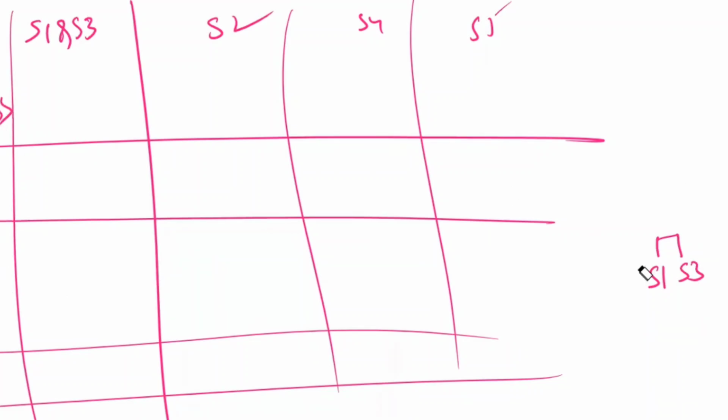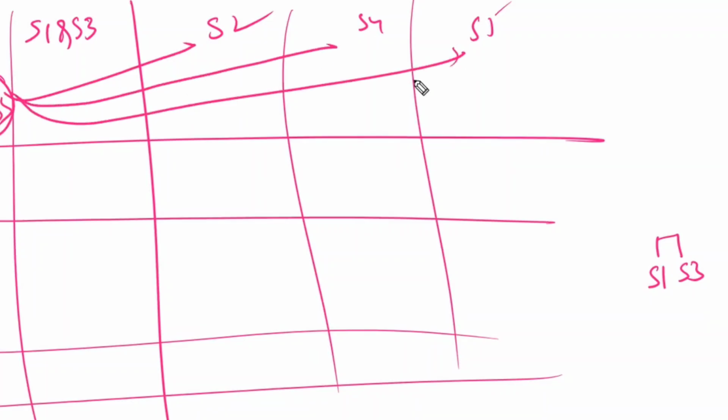Again, you have to recalculate. Now, you are going to calculate the distance from the S1, S3 cluster to S2, the S1, S3 cluster to S4, and the S1, S3 cluster to S5. Earlier you calculated S1 versus S2, S2 versus S3 separately. Now, you calculate cluster to point.